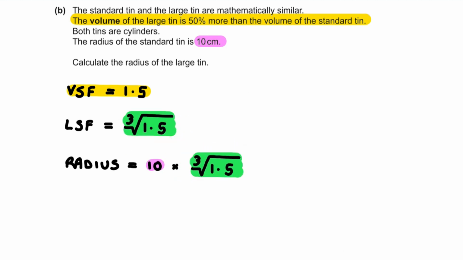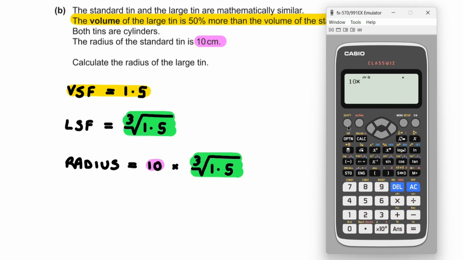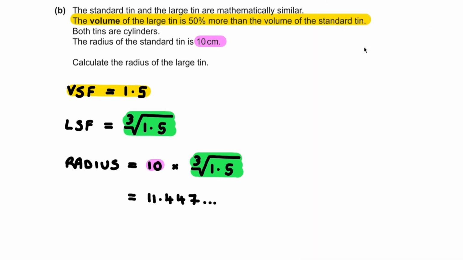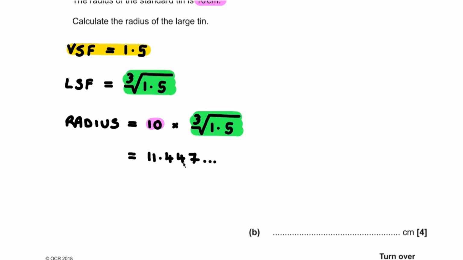So let's work this out. I've got 10 times by the cube root of 1.5, which is 11.447. So that is the radius of the large tin.